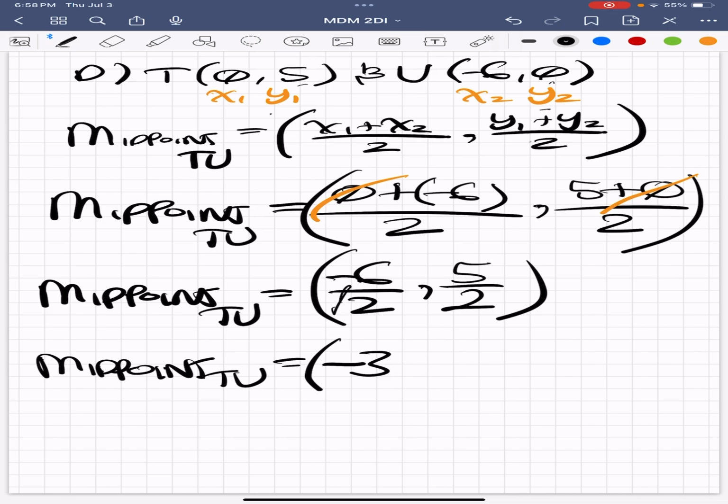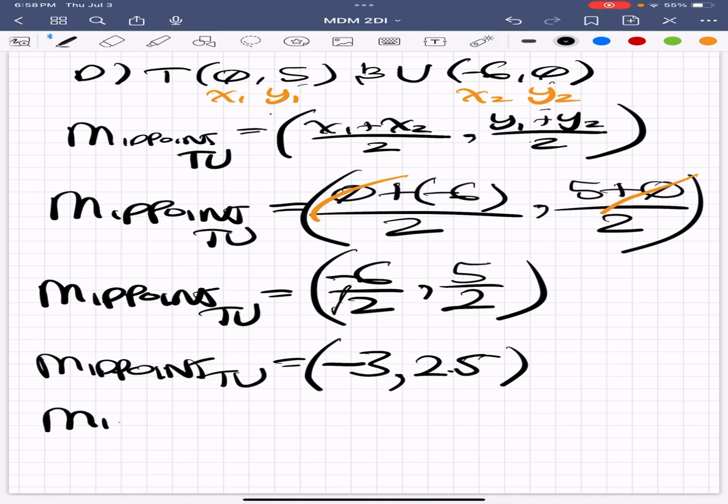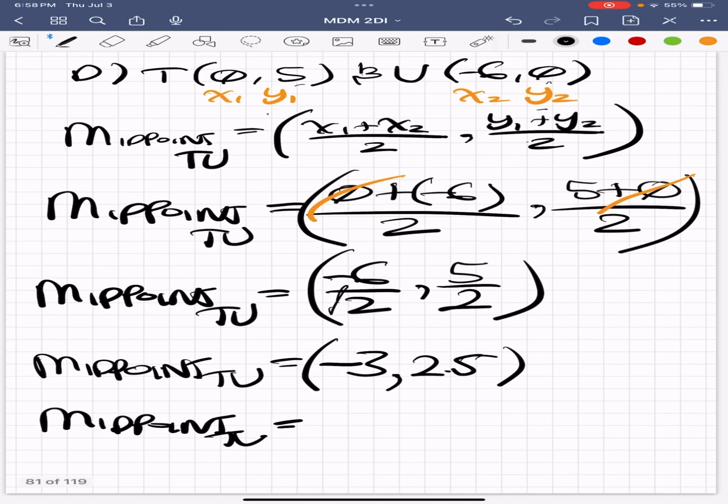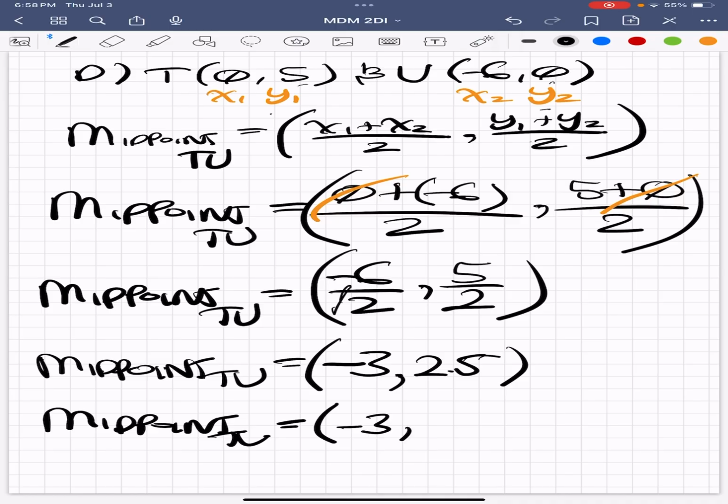And then we have 5 over 2. 5 over 2 is 2.5. And I will also give you the chance, T and U. So we'll do -3, comma 5/2.